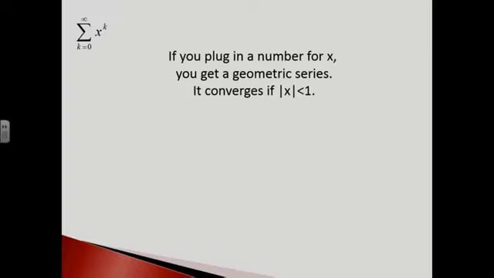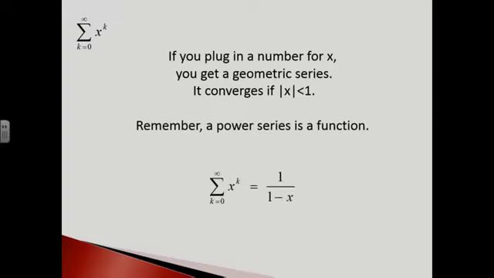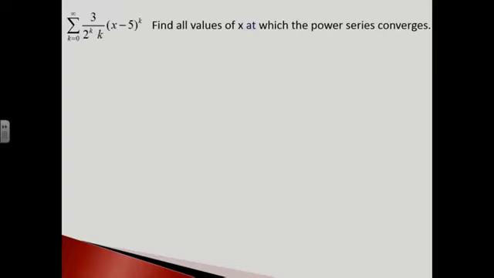Under that condition, it has a sum which is 1 divided by 1 minus x. When x changes, 1 divided by 1 minus x becomes a function of x. So the sum of the given series is the function 1 divided by 1 minus x.